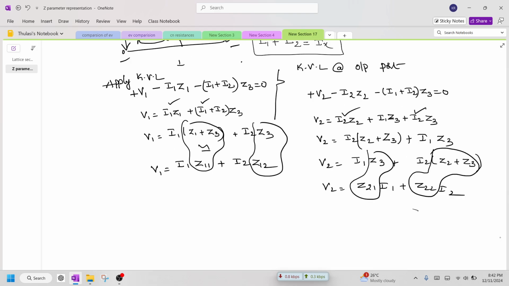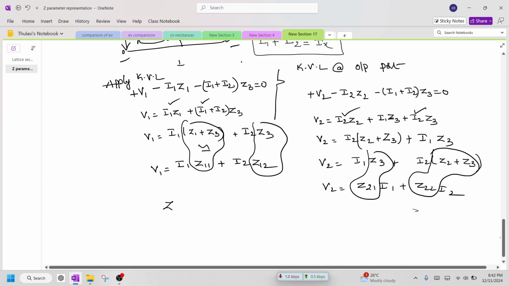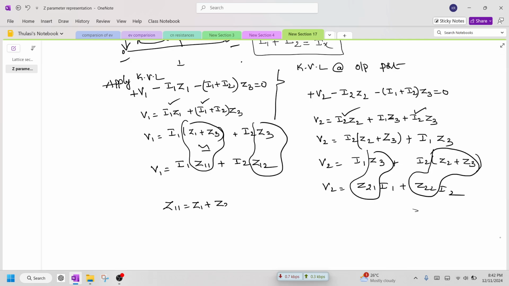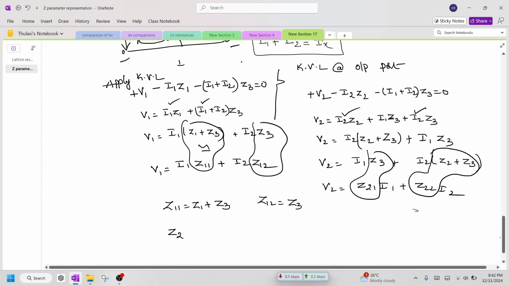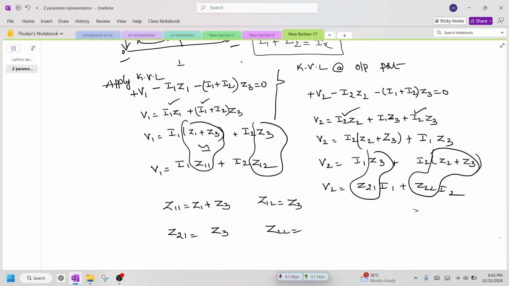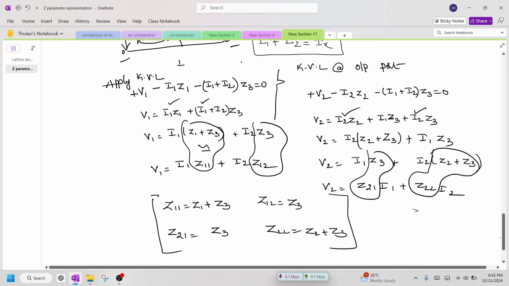So resultantly, we are going to get the input driving point impedance Z11 as Z1 plus Z3, Z12 is equal to Z3 ohm, Z21 is equal to Z3, and Z22 is equal to Z2 plus Z3. So this is the resultant what actually we require.